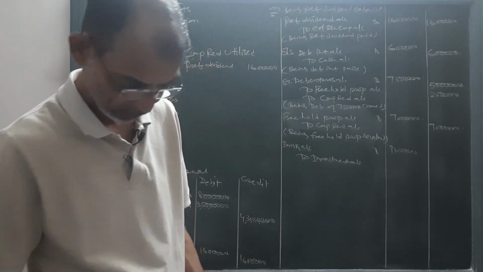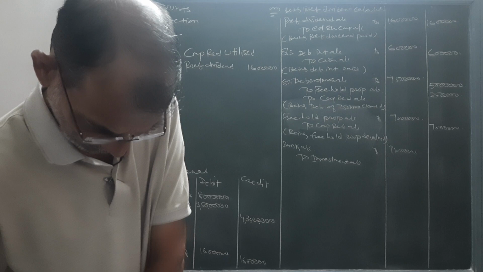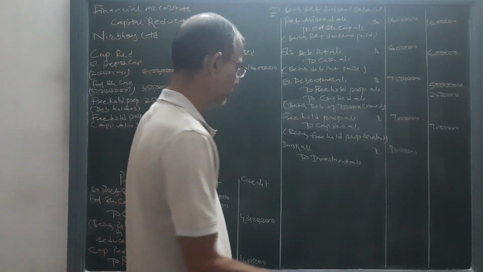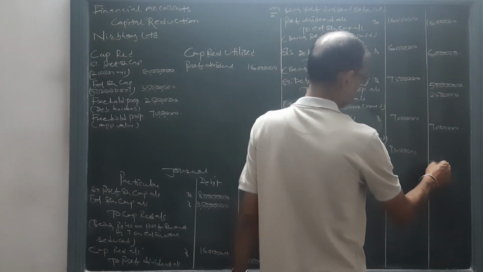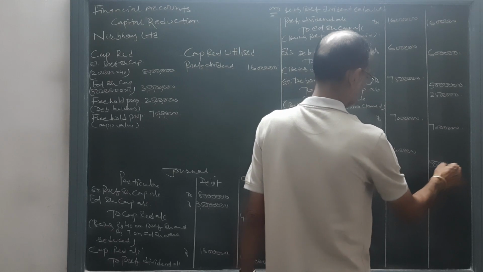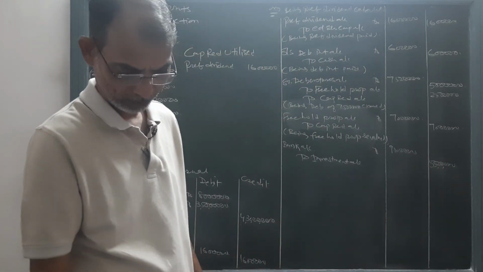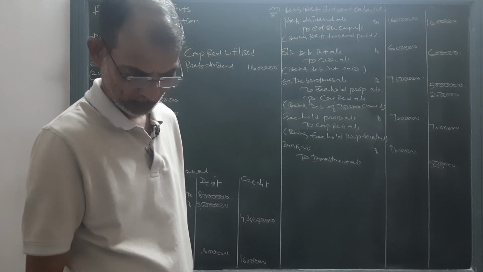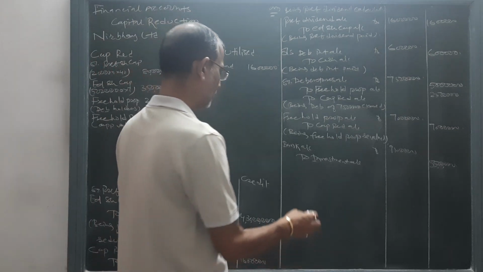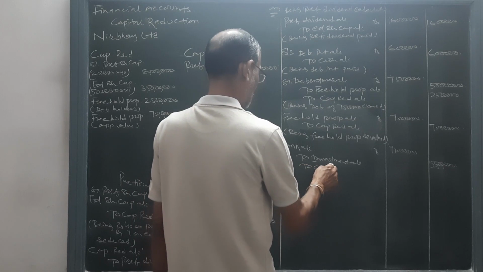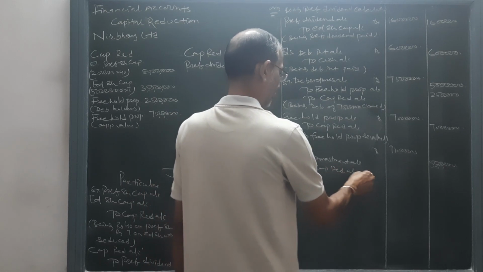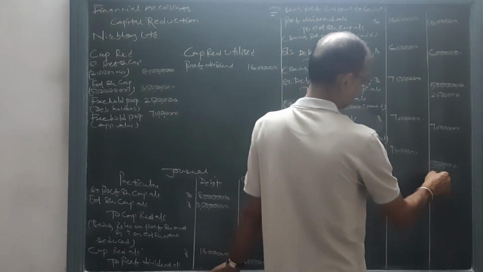What was the value of investment? That was 55 lakh. Now the difference between these will be the profit, so 91 minus 55, 36 lakh, to capital reduction account.